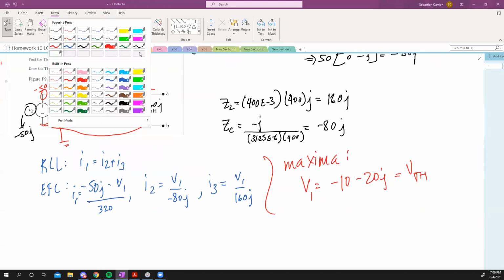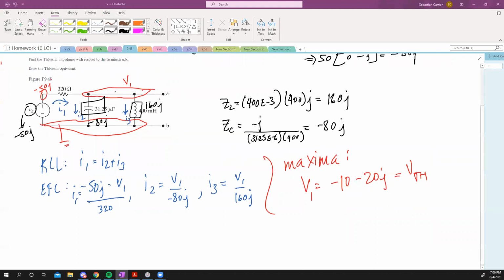Now the second part is to find the Thevenin impedance. So we get rid of this source, so we are left with something like this. Right?